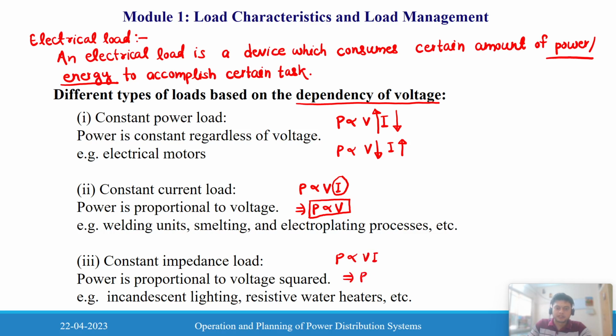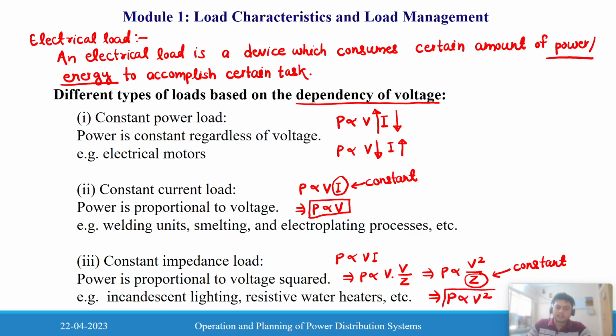After substituting I equal to V divided by Z, power is directly proportional to V squared divided by Z. Since Z is constant, we can remove it, therefore power is directly proportional to V squared.